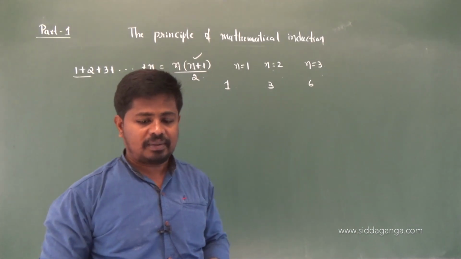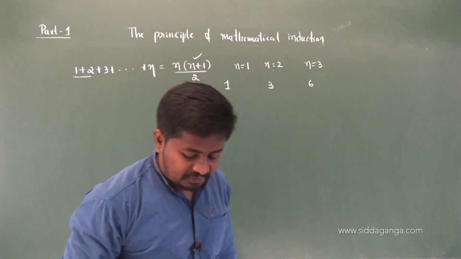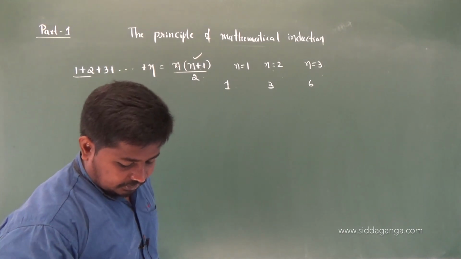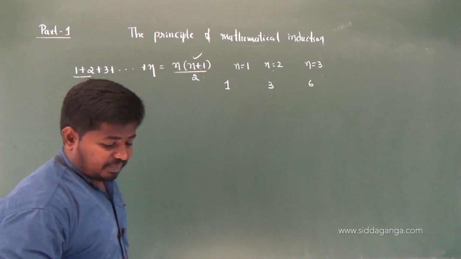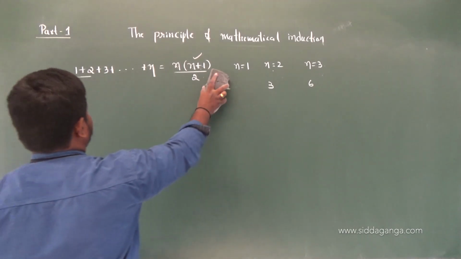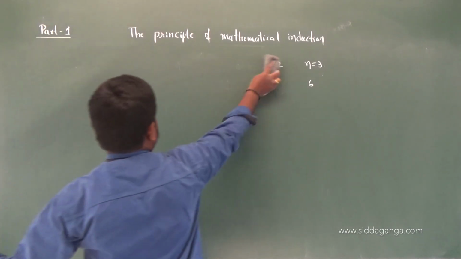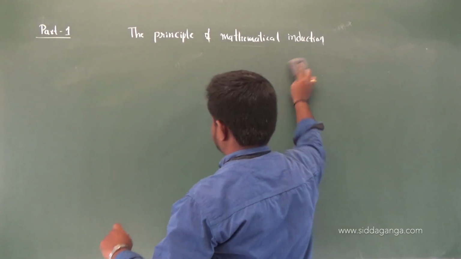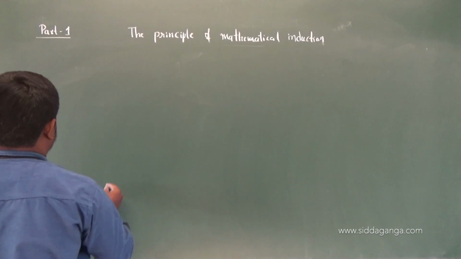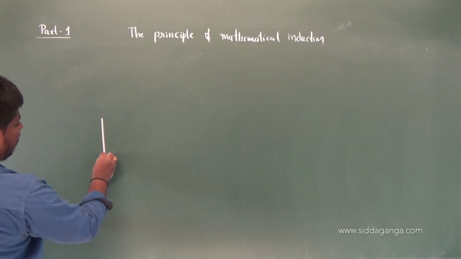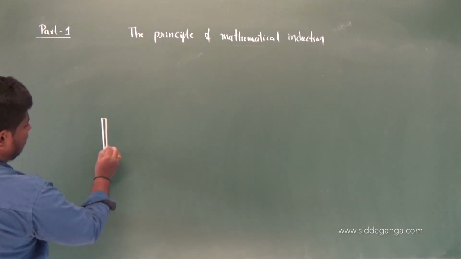It's very simple. Okay, so to understand the principle of mathematical induction, let me conduct an experiment. Consider I have some set of books, notebooks, and I have kept them vertically like this.